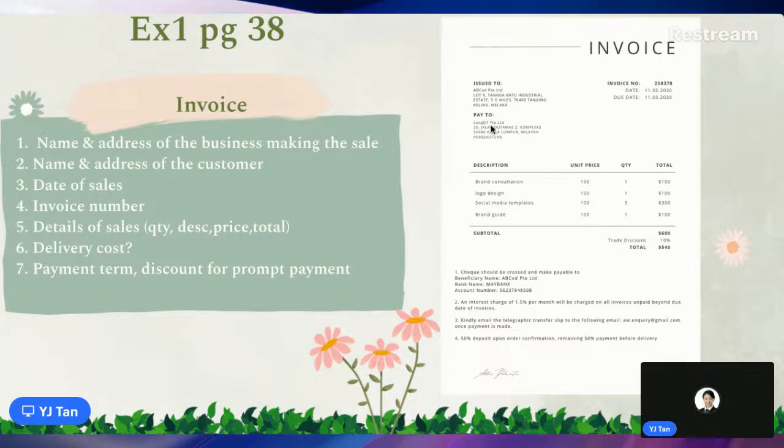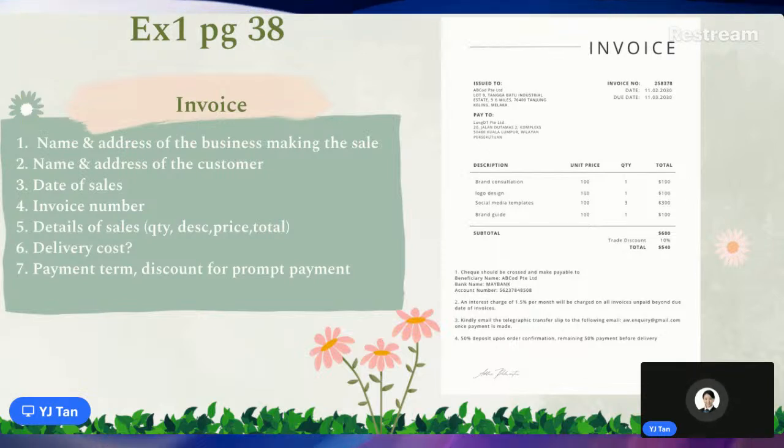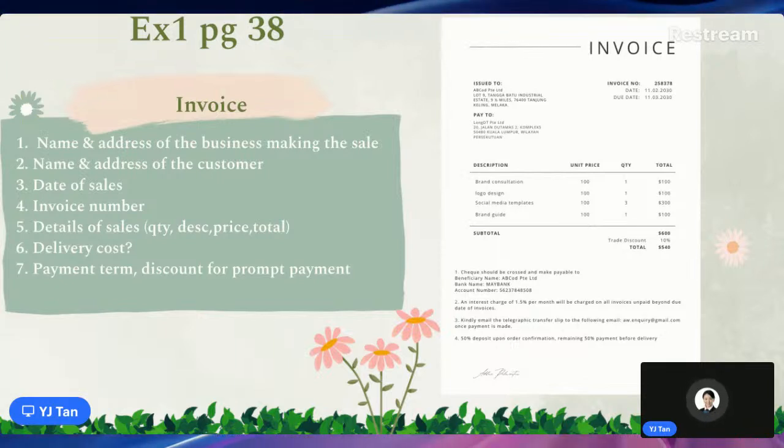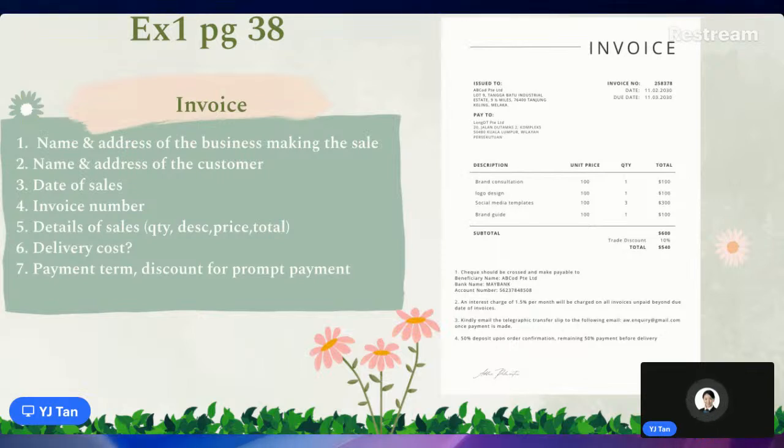Besides that, pay to means the business who is making these sales wants to receive the money. I want to invoice you, so please pay to me, which is my company name and also the address.